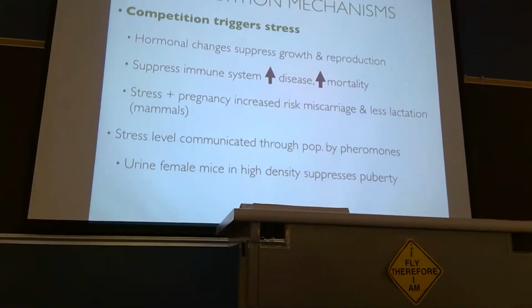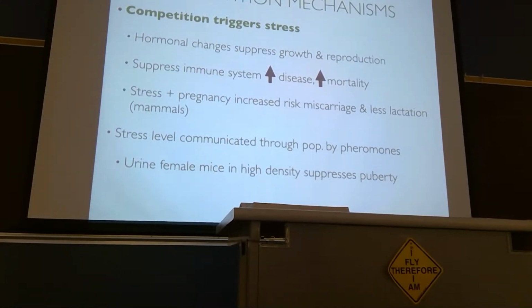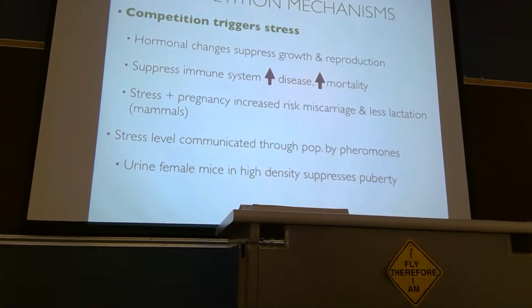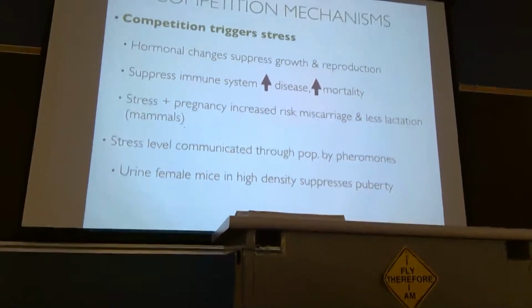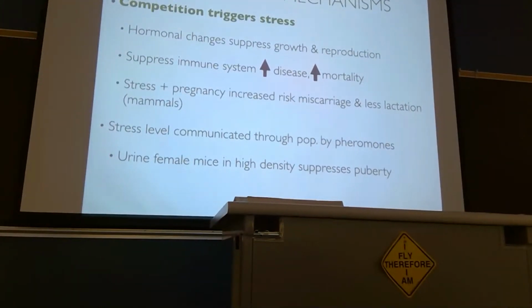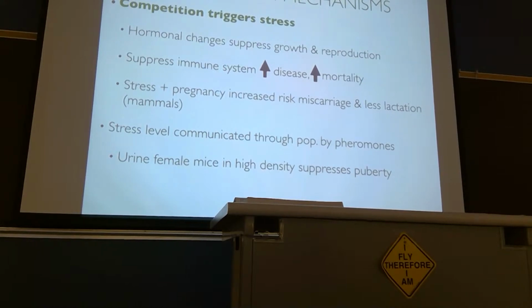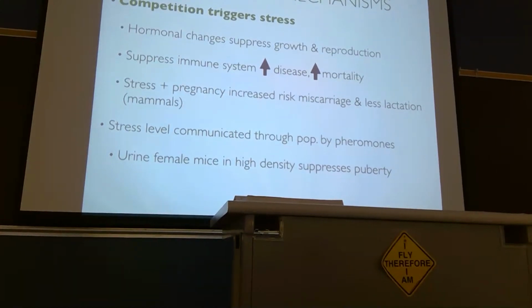And we know this in our own lives, right? Like when I say, hey, I'm going to grade your individual projects in a competition, whoever has the best project gets the highest grade, you guys would all just seize up. I'm not going to do that. But competition induces stress, and there are consequences to stress.